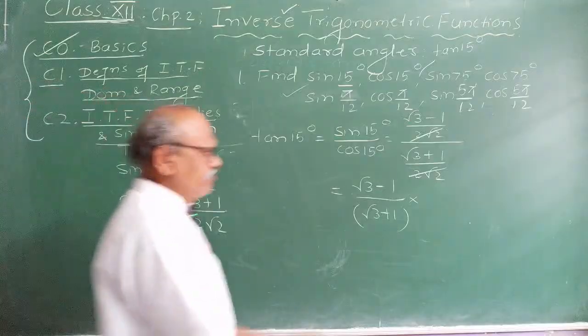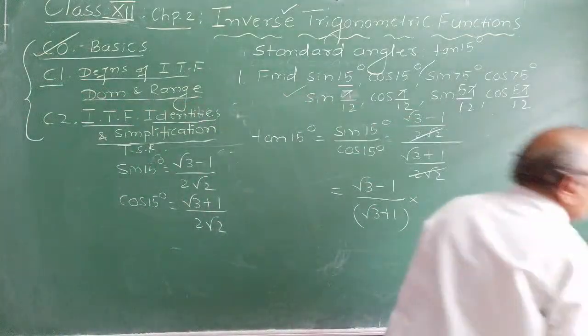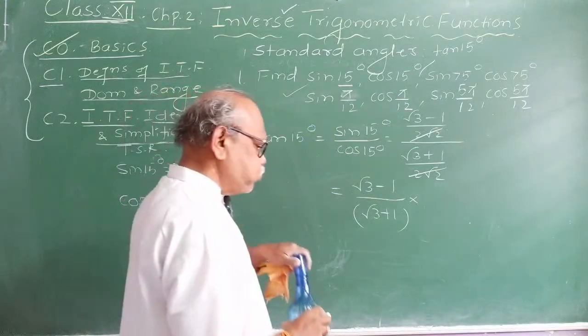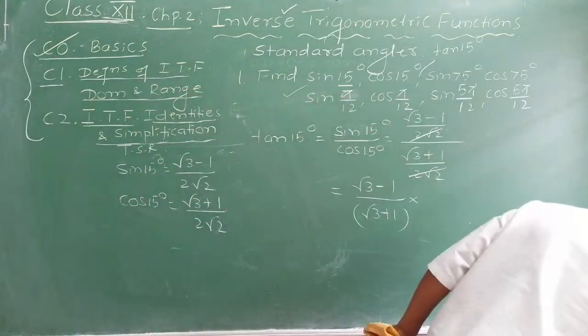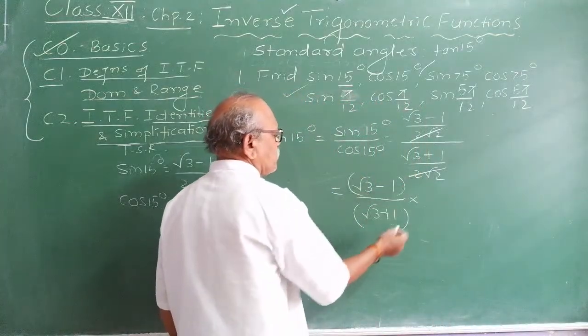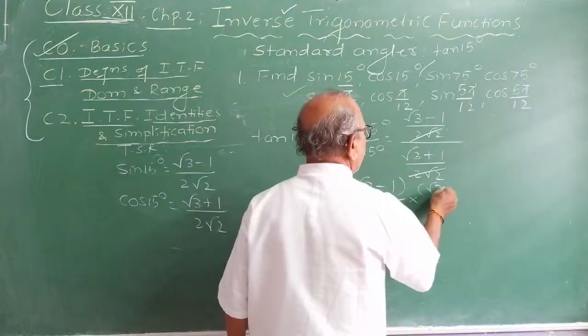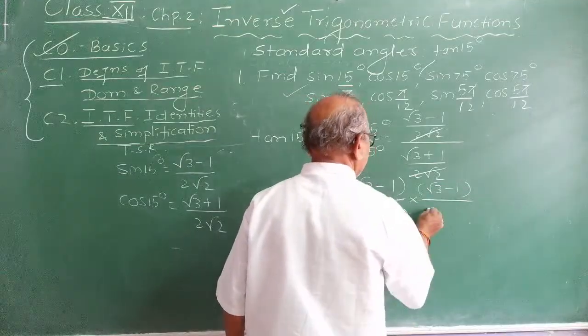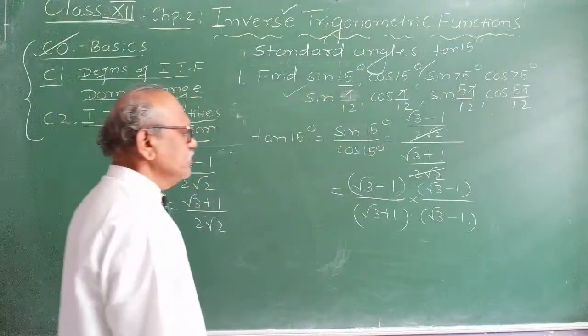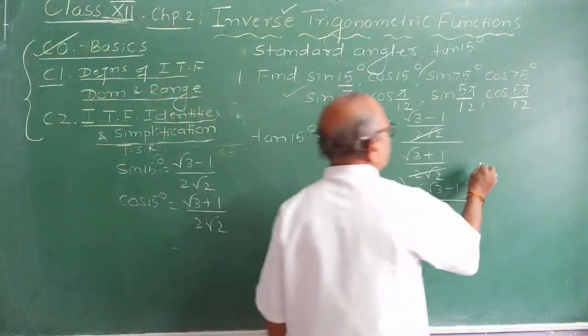What is the rationalization factor of root 3 plus 1? Multiply and divide by root 3 minus 1 upon root 3 minus 1. Right? You studied in the 9th standard.